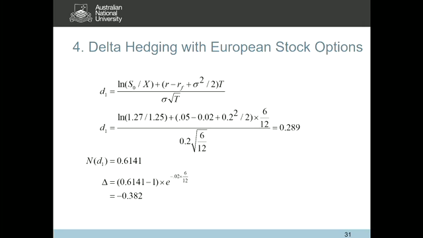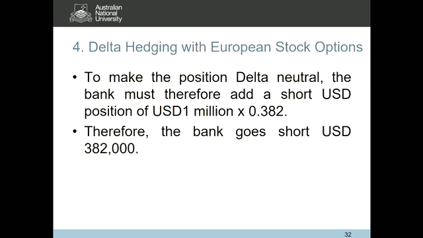Take the 0.382 and multiply it by your total currency exposure. And we know you need to take a short position because you're short in the put. So 0.382 times my 1 million US dollars means I need to go short 382,000 US dollars to make this portfolio delta neutral.